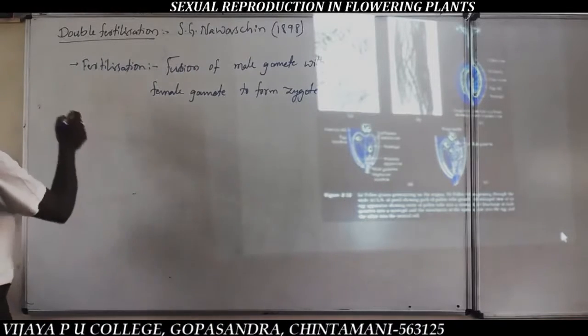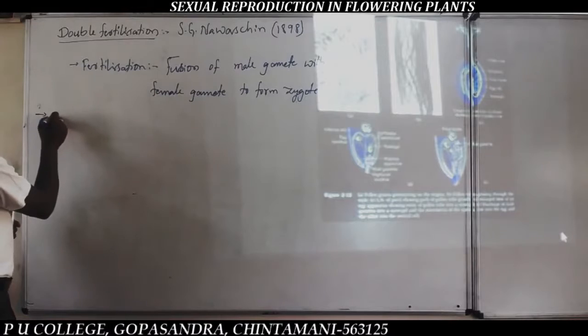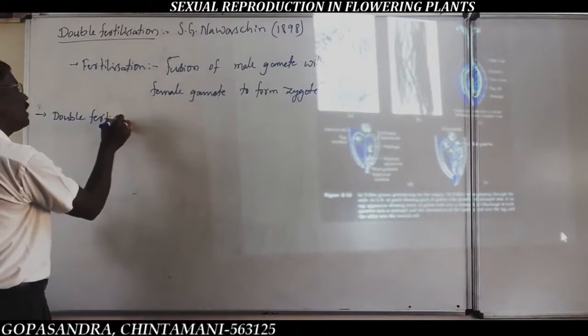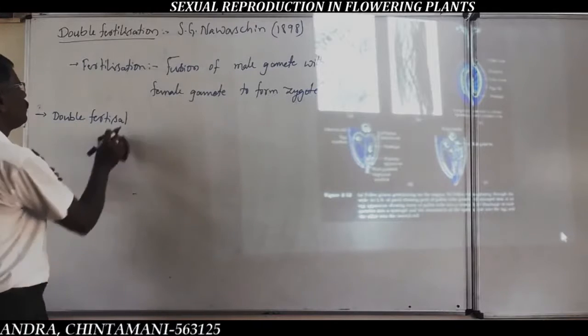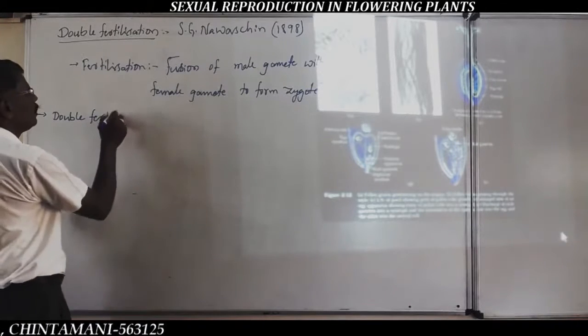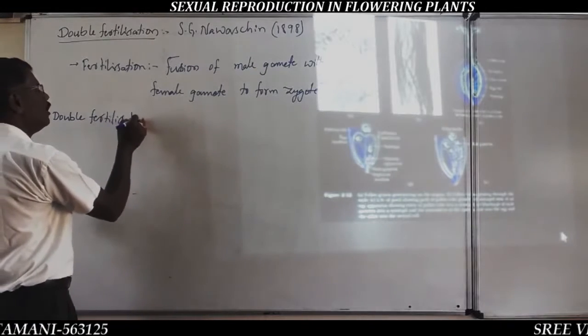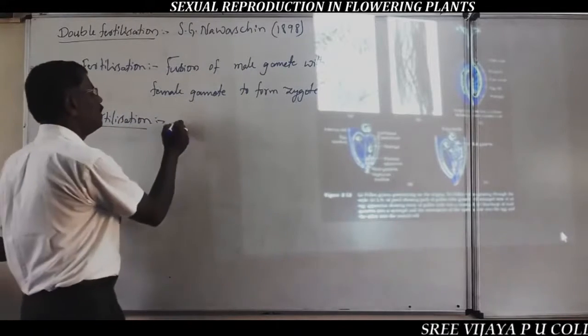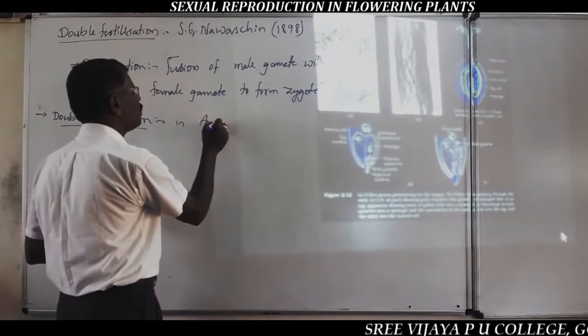What is double fertilization? It occurs only in angiosperms.